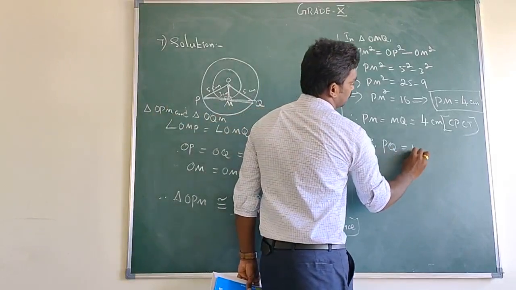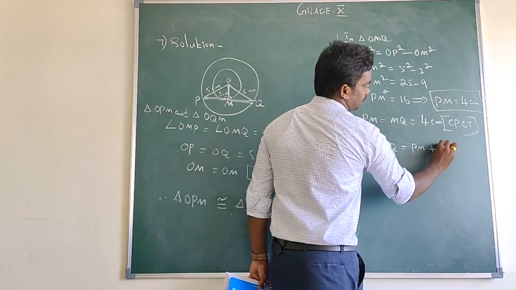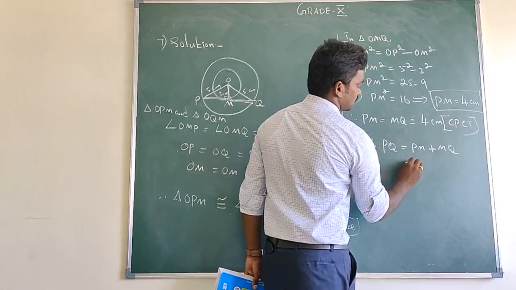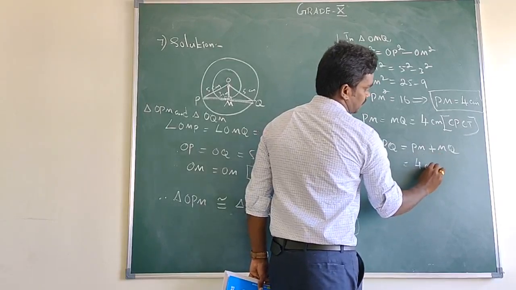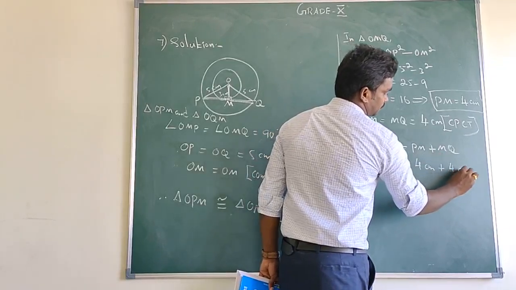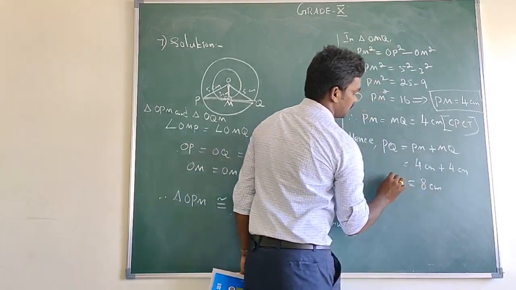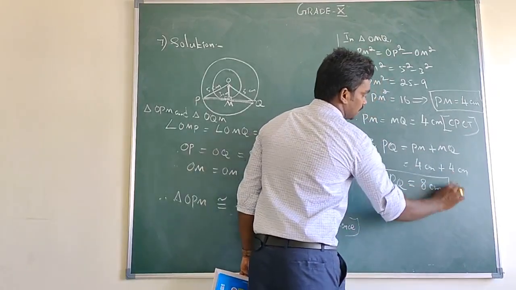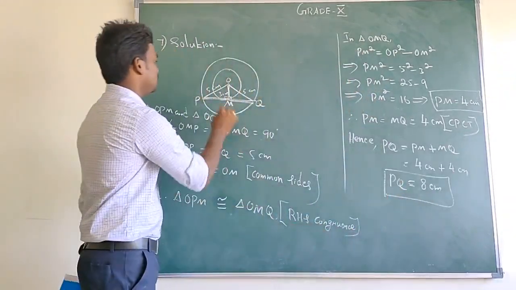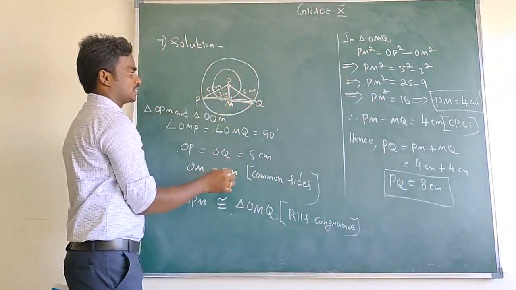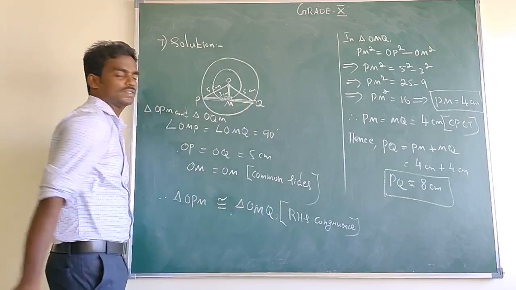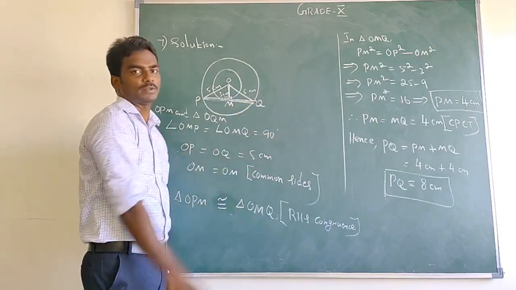PQ is equal to PM plus MQ, which is 4 centimeters plus 4 centimeters, which is equal to 8 centimeters. Hence, the length of the chord of the larger circle, the tangent of the smaller circle, is 8 cm.